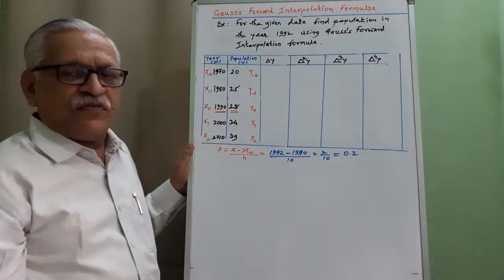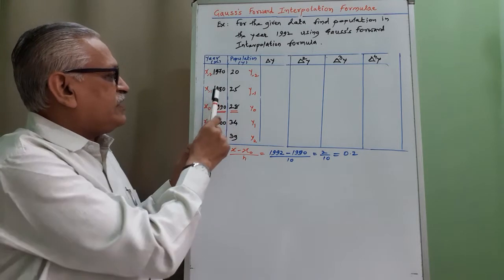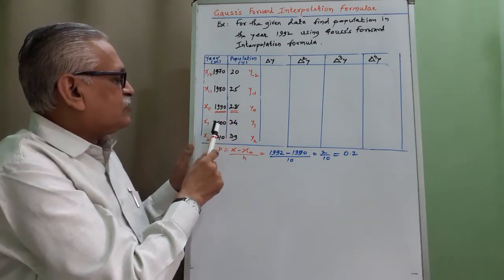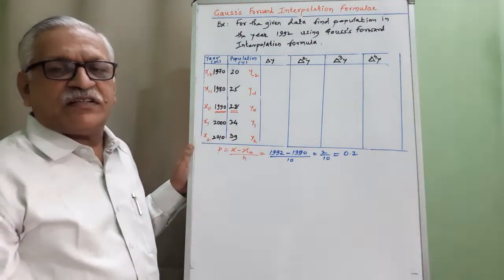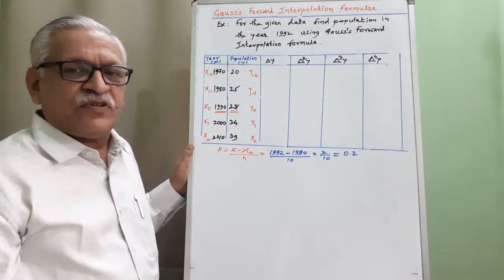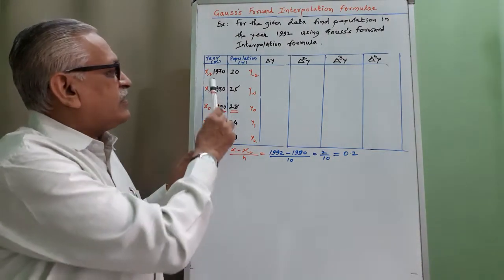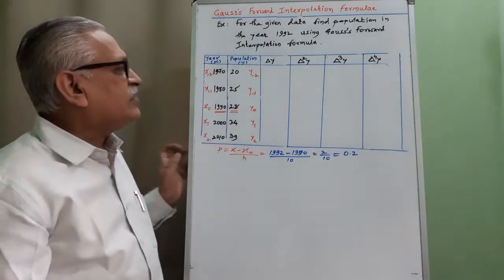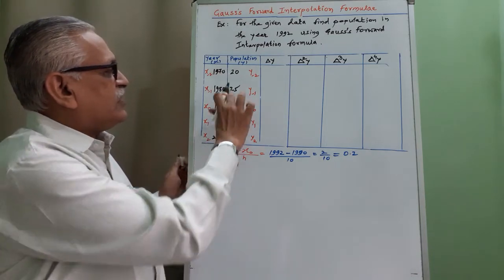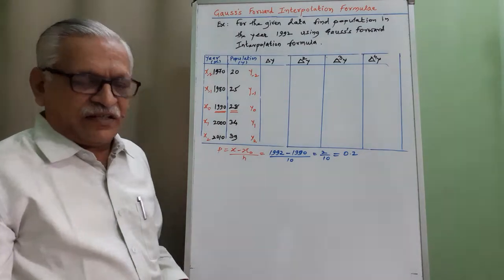First column of x, year, represents the years 1970, 1980, 1990, 2000 and 2010. Difference of 10 each and equispaced, therefore we can use Gauss's forward interpolation formula. Corresponding population in lakhs: 20, 25, 28, 34 and 39.